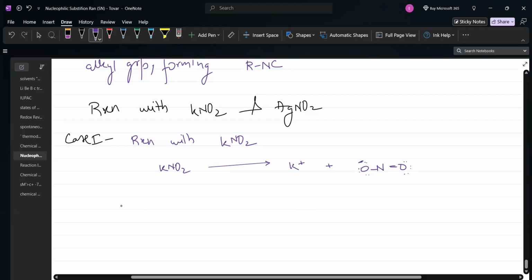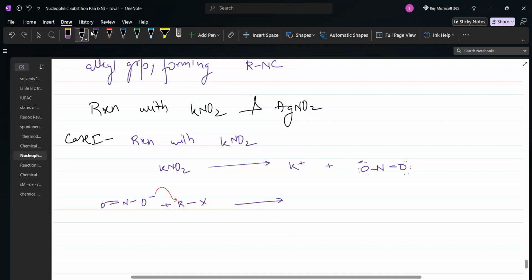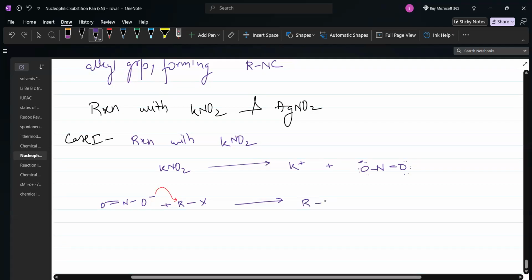This will be attacking on RX, and obviously it will attack on R. There is a negative charge present here, so it will attack on this R, and it will form R-O-N=O, like this.